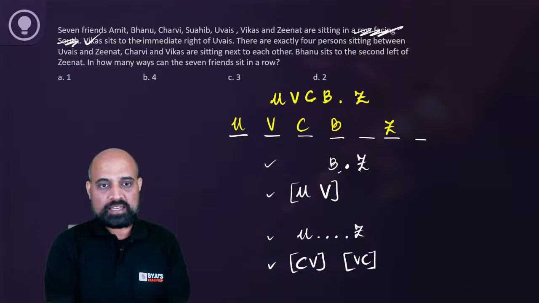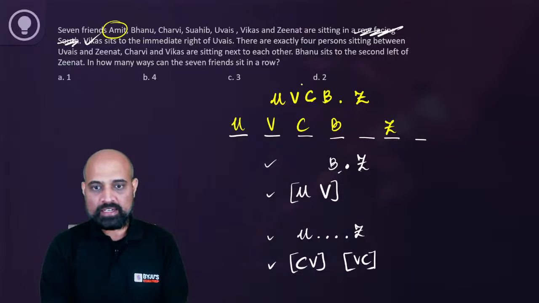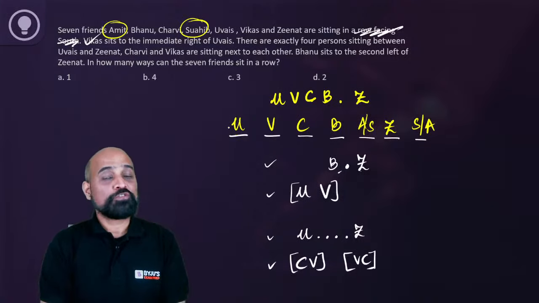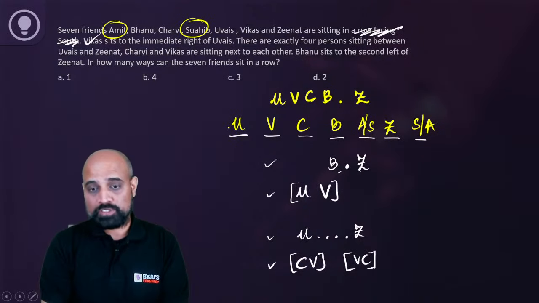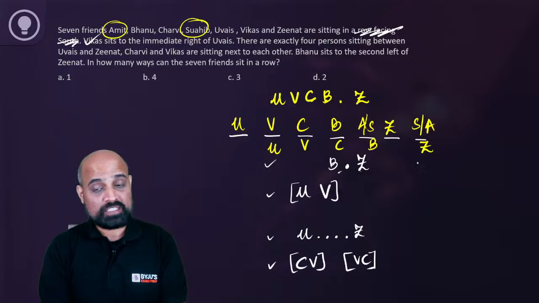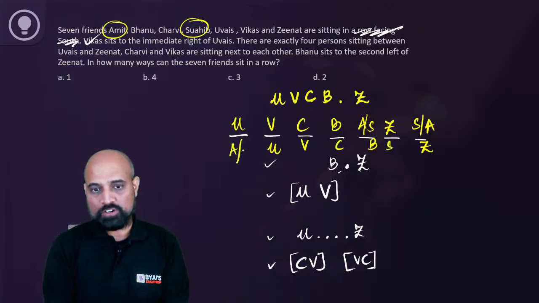One is A and another is S. So we can have A and S over here as 2 possibilities, AS or SA. That is one done. What if U doesn't start from the leftmost end? What if U starts from here? U, V, C, B, blank and Z. When this happens, we can have A over here and S over here, or we can have S over here and A over here.